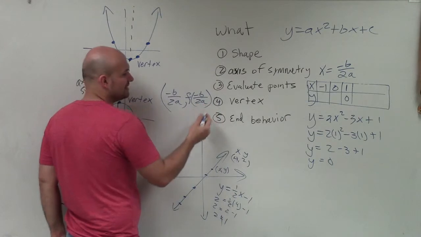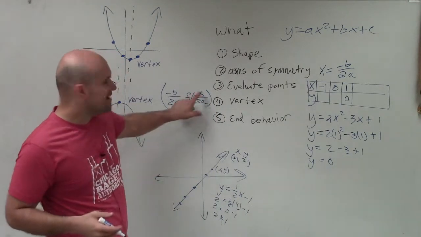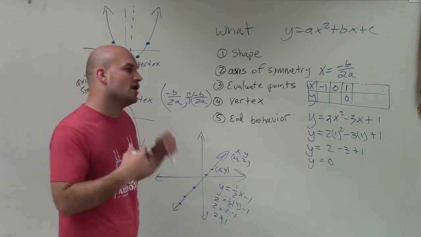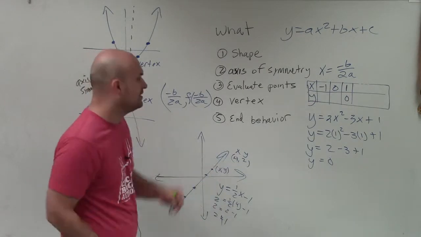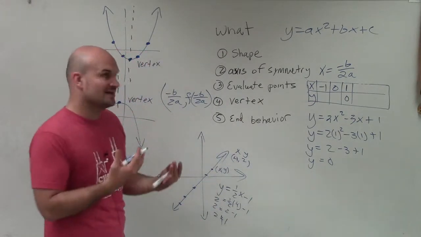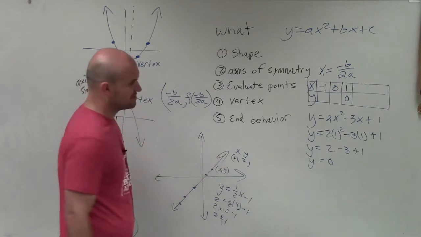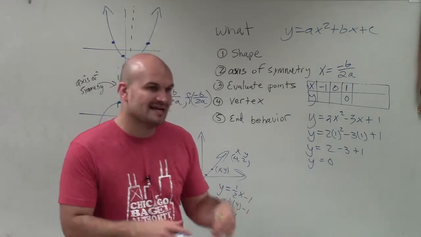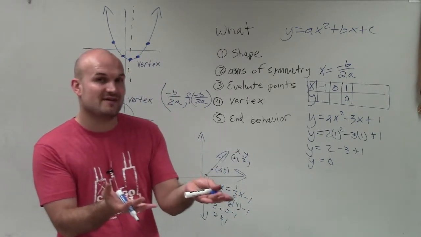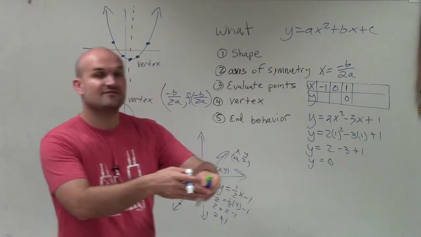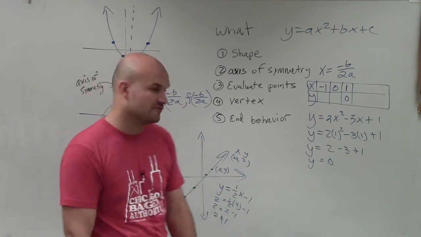That f in the parentheses means to plug the x value in to get the y value, thinking about it as a function. I know we only have equations up here, but that's the idea. Find the axis of symmetry, find the x value, and then plug that in to find the y value, and that is going to be your vertex.